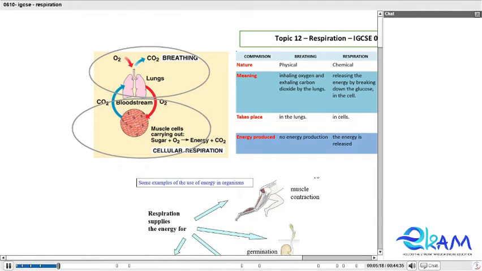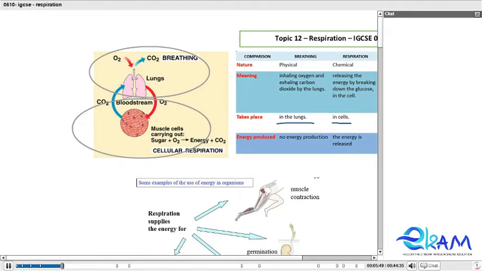Then what is meant by breathing? Inhaling oxygen and exhaling carbon dioxide by our lungs is called breathing. Whereas what is meant by respiration? Respiration is the release of energy from the nutrient molecule which happens inside the cell. Breathing happens inside the lungs and respiration happens in all the cells of your body.